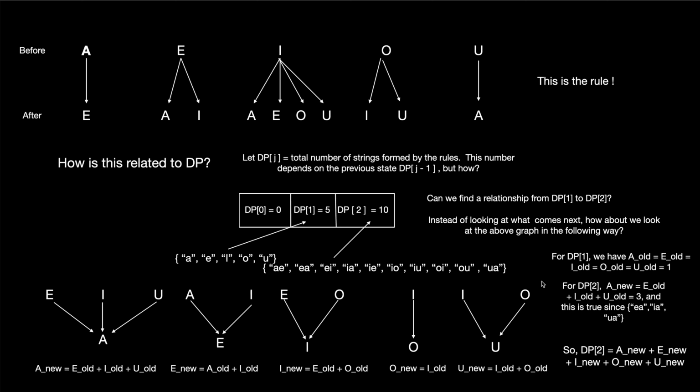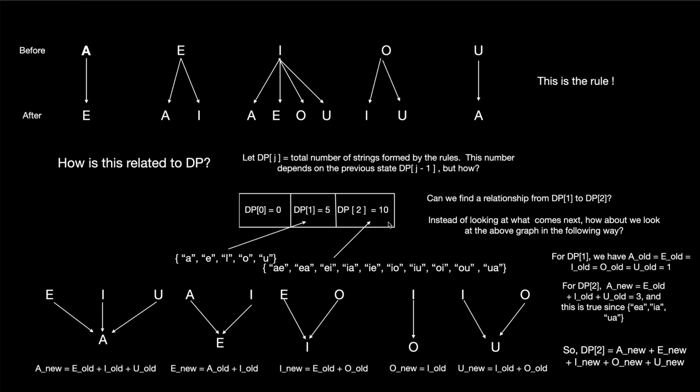For DP of 1 we have A_old, E_old, I_old, O_old, and U_old, and they are all equal to 1, and we add them up, and that's how you get 5.